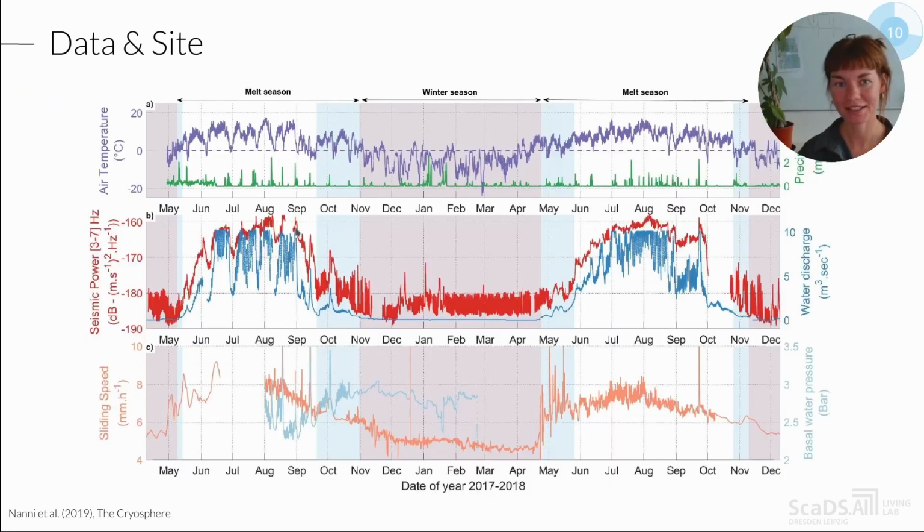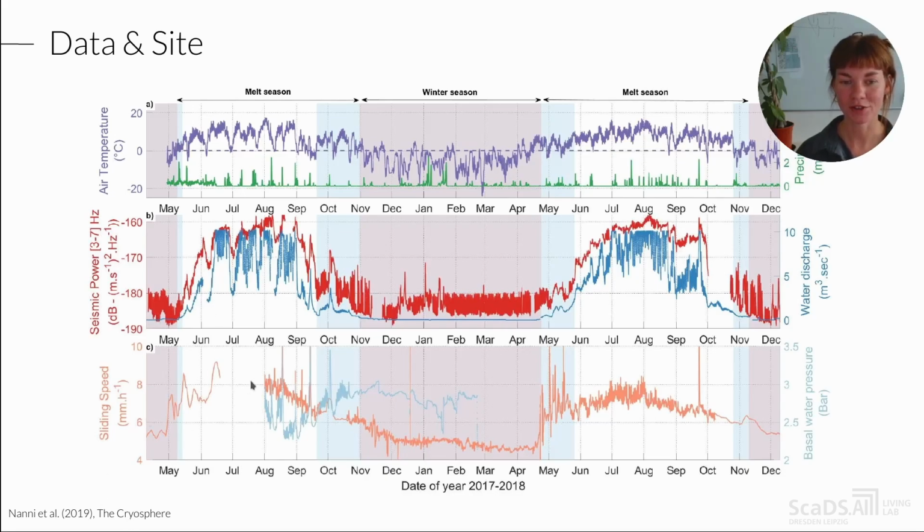Okay, and what we derive then from this multi-physics, multi-instrument platform is all these parameters, as I just introduced, meteorological parameters like air temperature and precipitation over time. We can see here month of the year between 2017 and 2018. We see the seismic power of one seismic station and also the water discharge here in blue, and you can already see that there's some correlation going on.